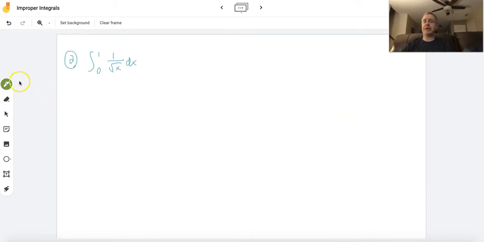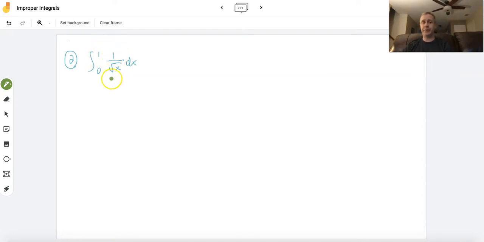All right, so the second and last problem that we did in class today was this one here, where the instructions are still the same. We're going to try and determine if this converges or not. But when you look at this integral, you may say, well, it doesn't look like it's improper because I don't see one of the limits of integration be infinity. Well, although that may be the case, there's something happening with one of these limits of integration and our integrand.